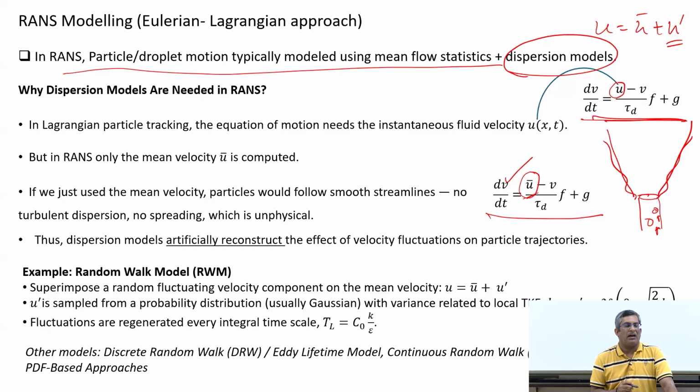Now you can argue, okay, why don't we average this equation itself? If we do time averaging of this equation, won't we get this term? What do you think? The answer is no, you won't get it. Why not? Because you are considering the fluid in Eulerian reference frame.